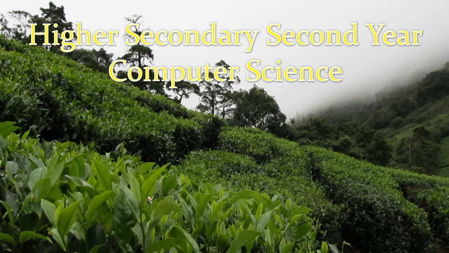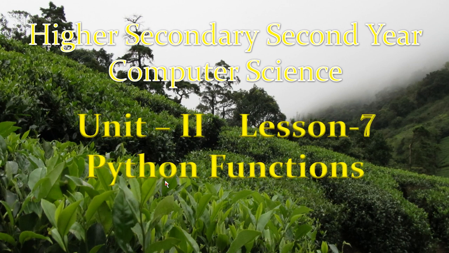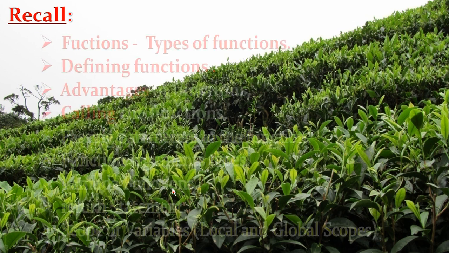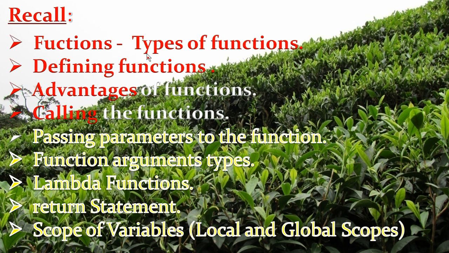Higher secondary second year computer science, unit 2, lesson 7, Python functions, part 3. In last classes we learnt about the function and types of function, how to define the functions, what are the advantages of functions, how to call the functions, how to pass parameters to the function, various function arguments and types, lambda functions, return statement, two different scopes, local and global scopes.